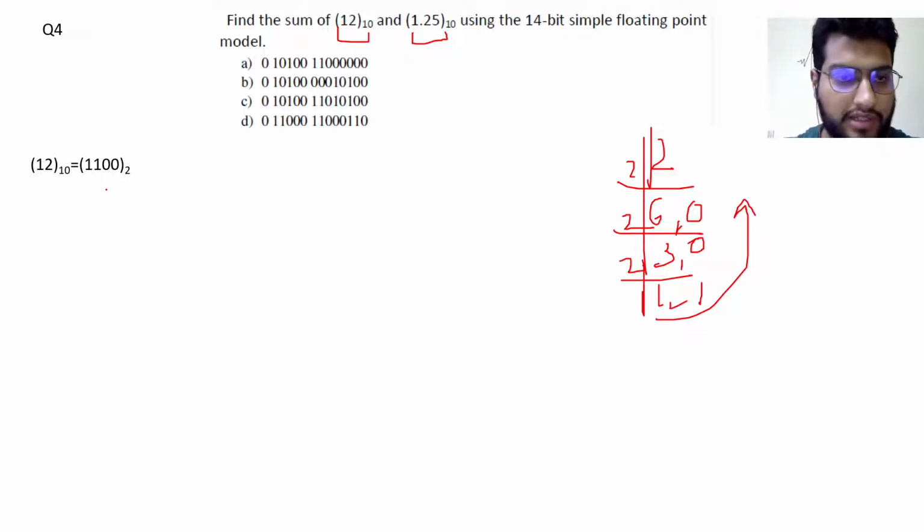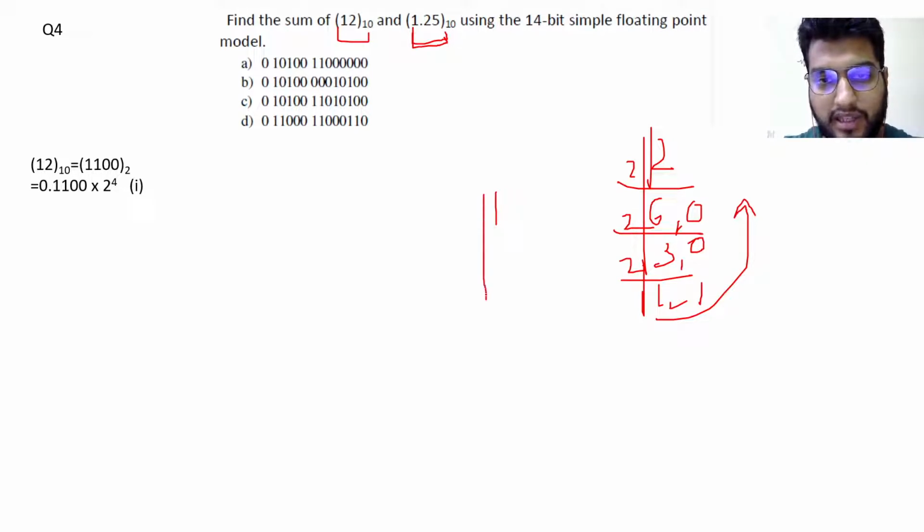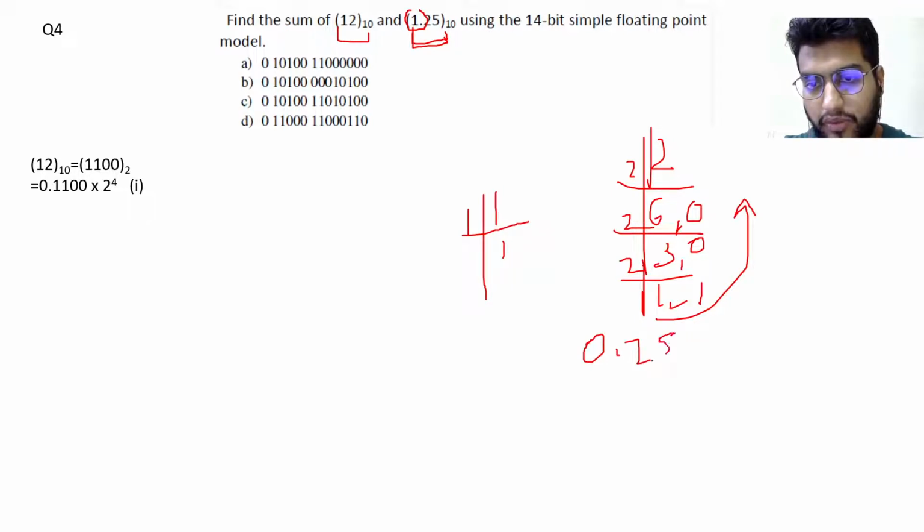And now we will normalize it. So this will be 0.1100 raised to the power 4. And now we take up this number 1.25 and convert it into binary. So 1.25 in binary is, let's just take the left hand side of this number. 1 is simply 1 in binary, and the fractional part 0.25 can be found in binary by multiplying by the base of the number system, that is 2.